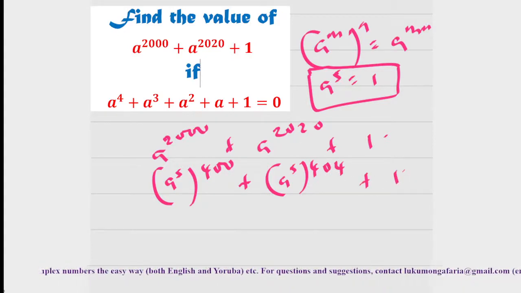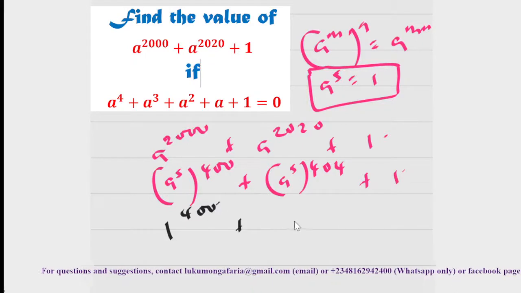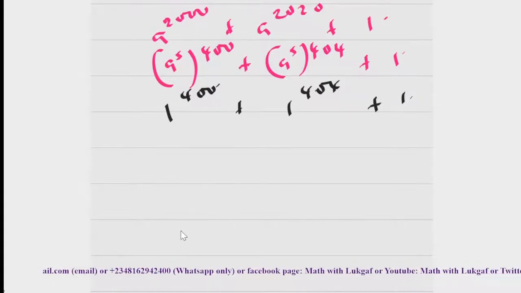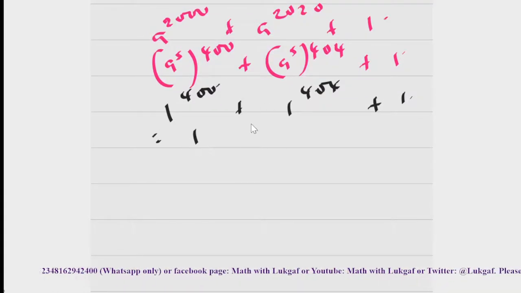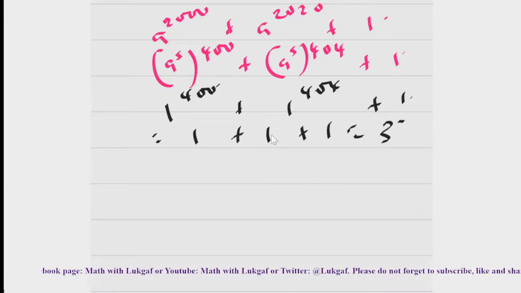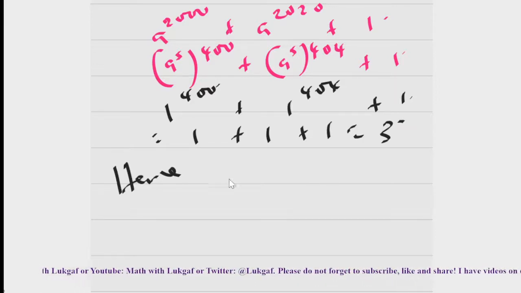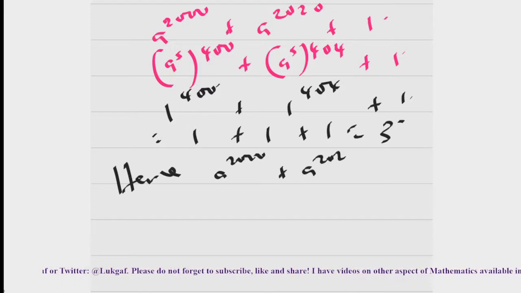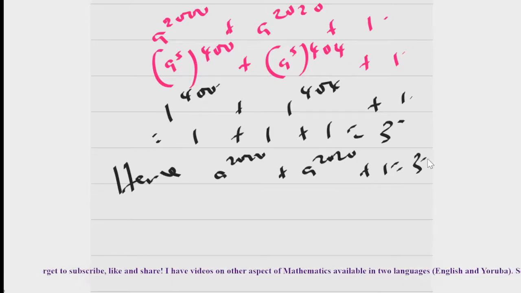We know a^5 is 1, so I'm going to have 1^400 + 1^404 + 1. And 1 raised to any power will give me 1 again, so 1 + 1 + 1, which is equal to 3. Hence a^2000 + a^2020 + 1 is equal to 3.